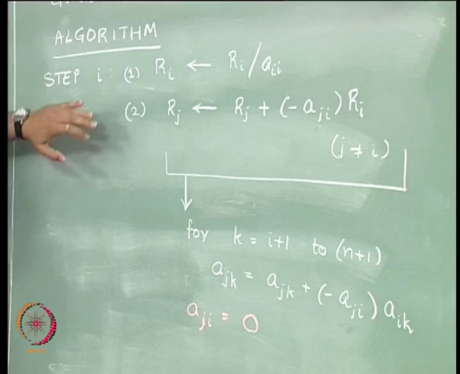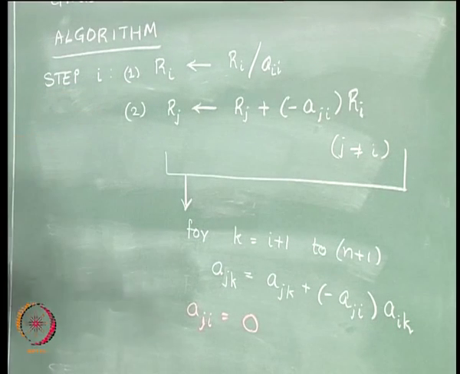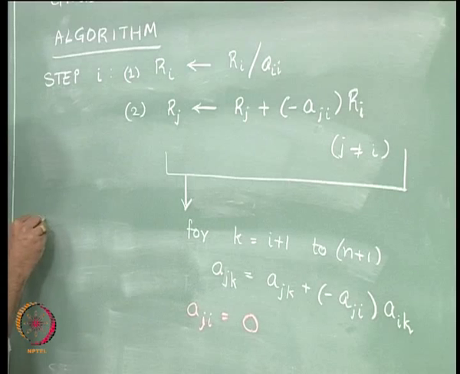So, the algorithm is, in the ith step we will first divide the ith row with a ii. Okay. So, a ii is the diagonal element on the ith row. The diagonal element on the ith row is also known as the pivot element.